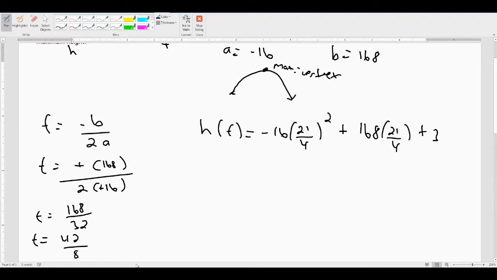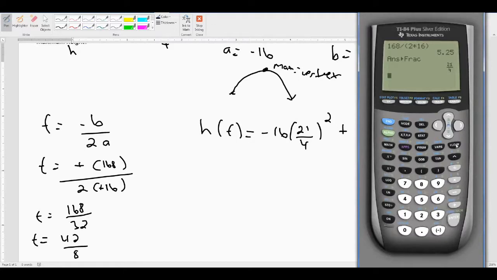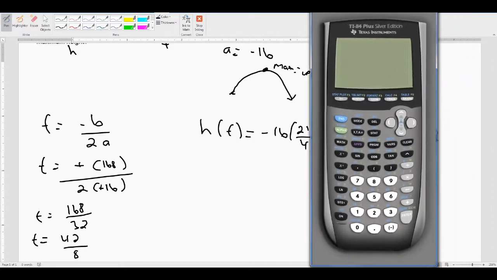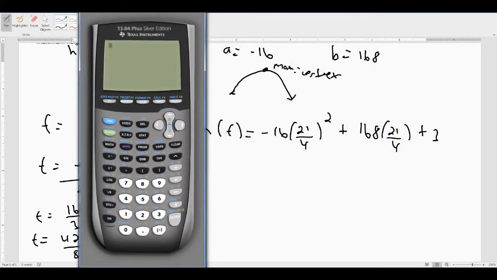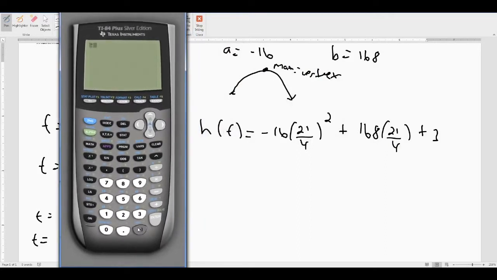And then if it were me, I could use a graphing calculator. I'm going to type it in just as it is. Negative 16 parentheses 21 divided by 4 close parentheses squared plus 168 open 21 divided by 4 close plus 3, enter.